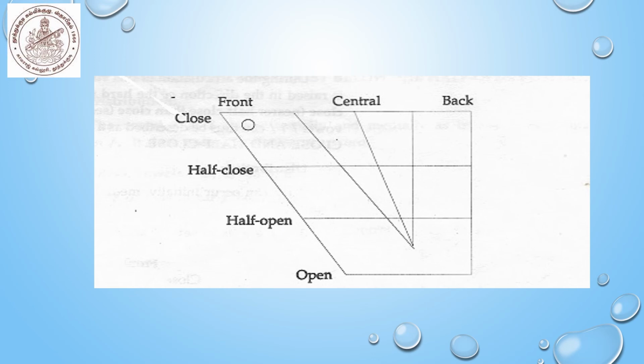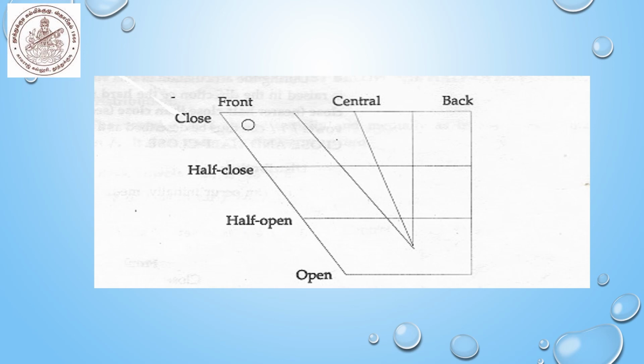One is about the height of the tongue, the other is about the position of the tongue, and the third is about the position of the lips. So front, central and back is about the position, and close, half open and open tells about the height of the tongue. And then the position of the lips.